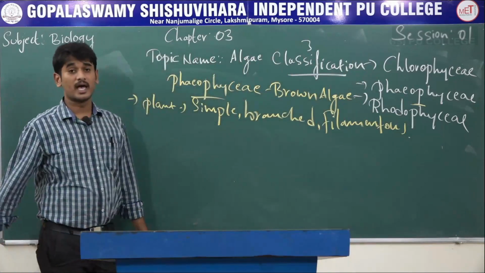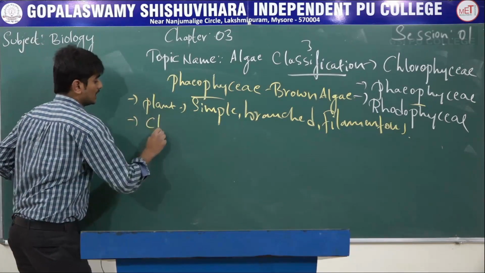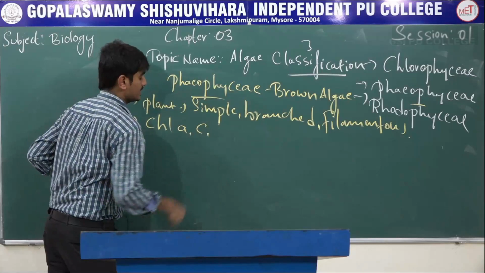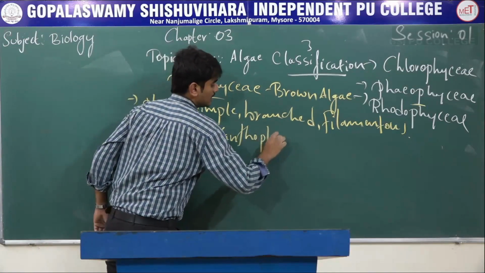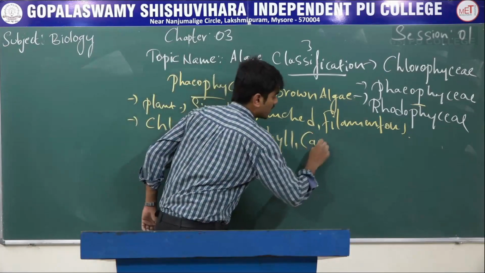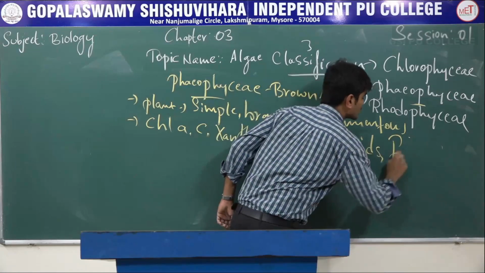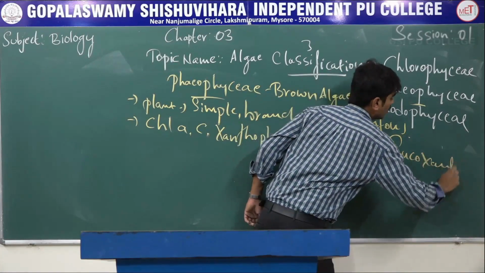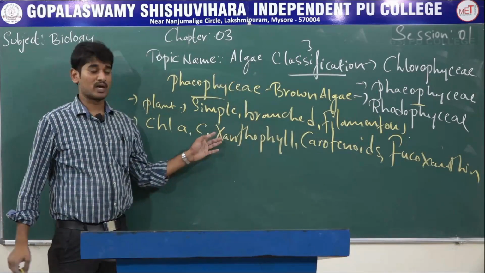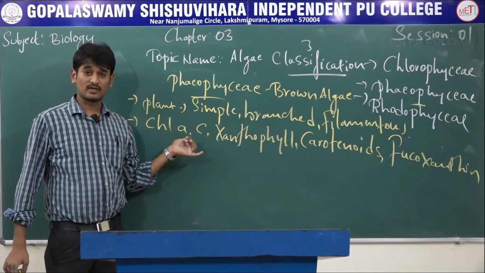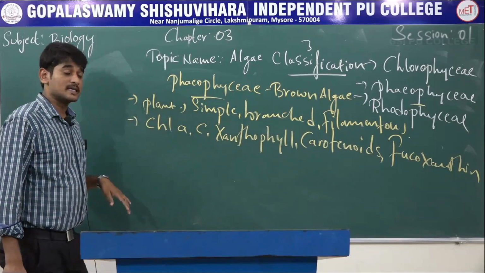They possess chlorophyll A, chlorophyll C, xanthophyll, carotenoids and fucoxanthin. So these are all the pigments present in brown algae.